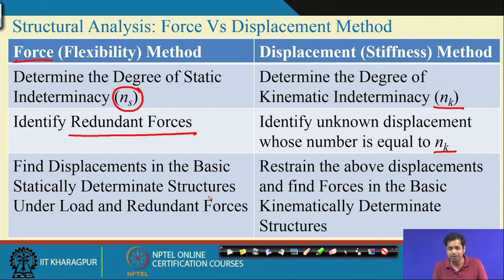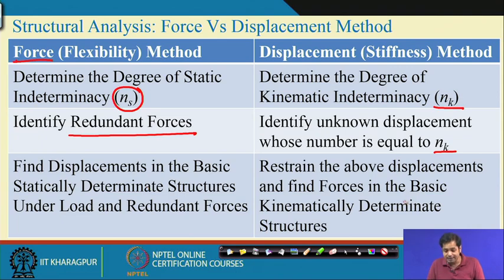We will demonstrate both methods through one example. Once we have identified the redundant forces, we need to split the entire indeterminate structure into several statically determinate structures and then solve them.